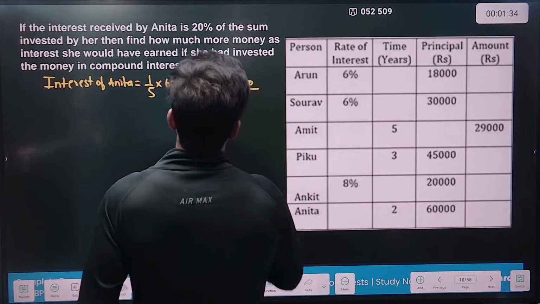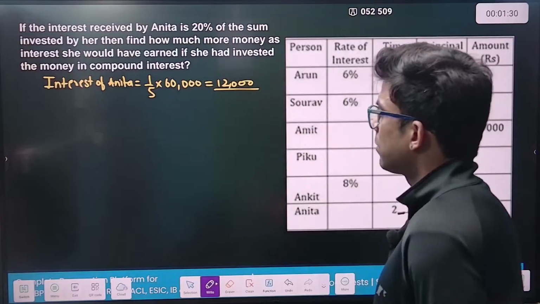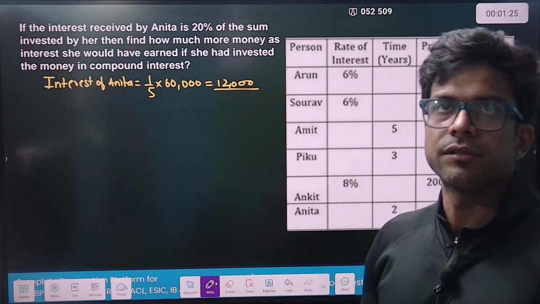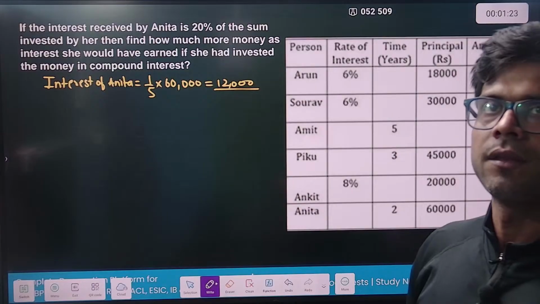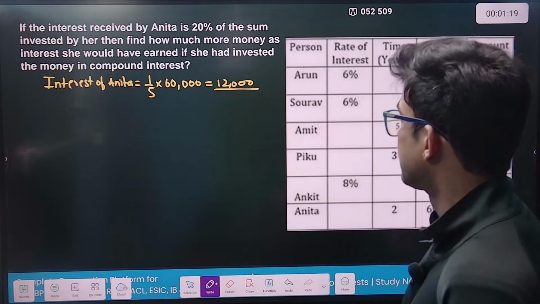We need the interest of Anita on compounding. Basically, we need compound interest. Is it clear? But for that, we don't know the rate.